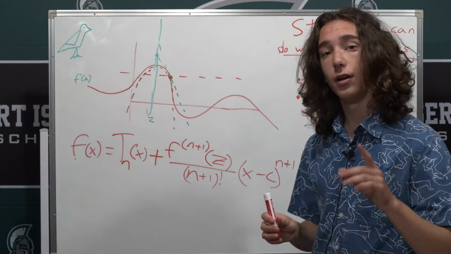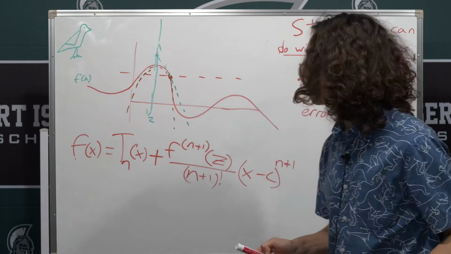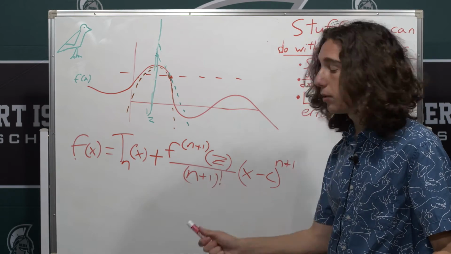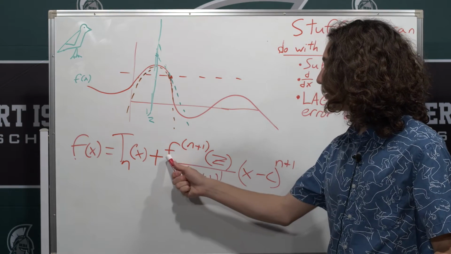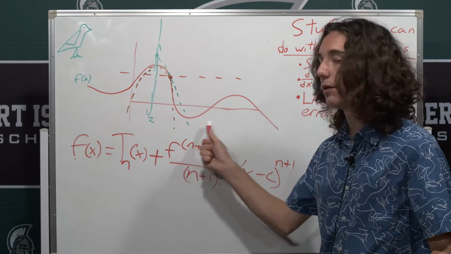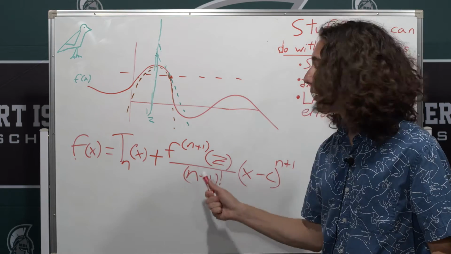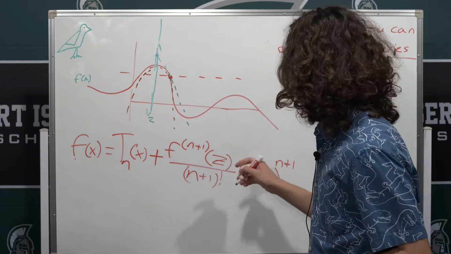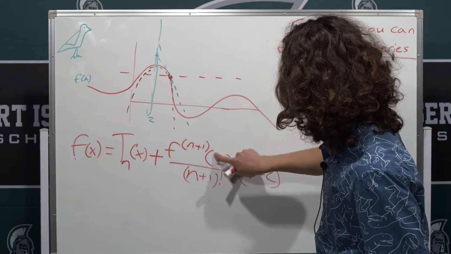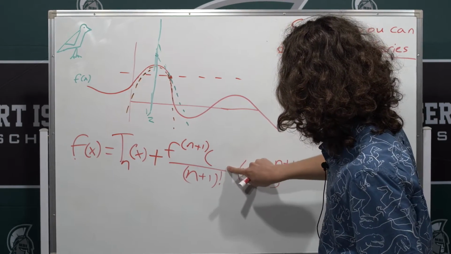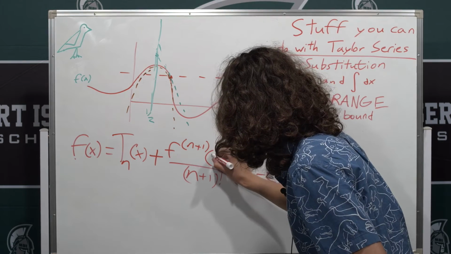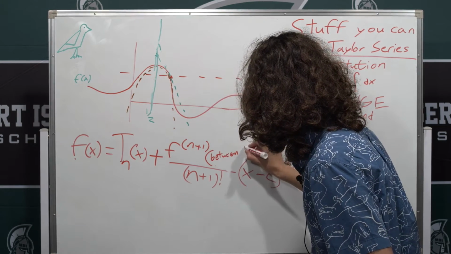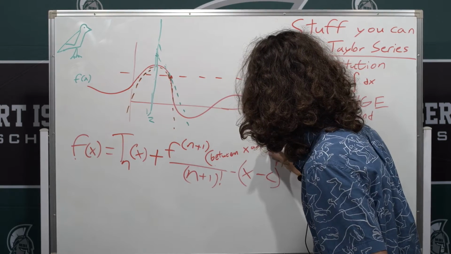Taylor said that there is one important difference. If you plug in some different value z, not x, plug in some value z into this n plus 1th derivative of our next term, then it will be exactly correct. And importantly, he said that this number has to be between x and c.